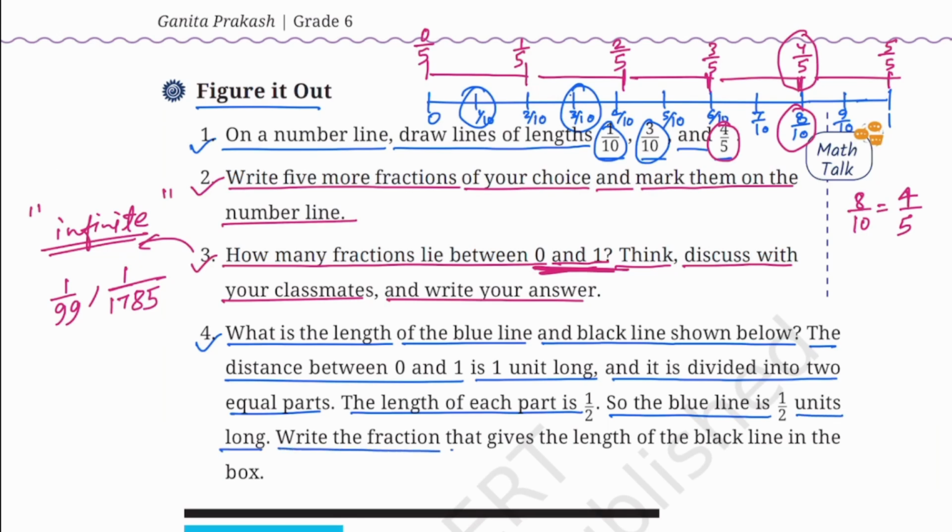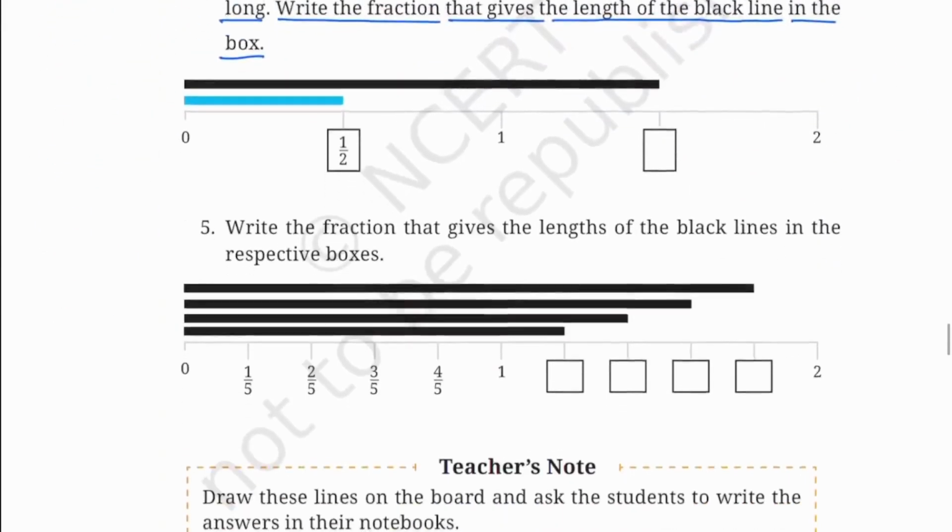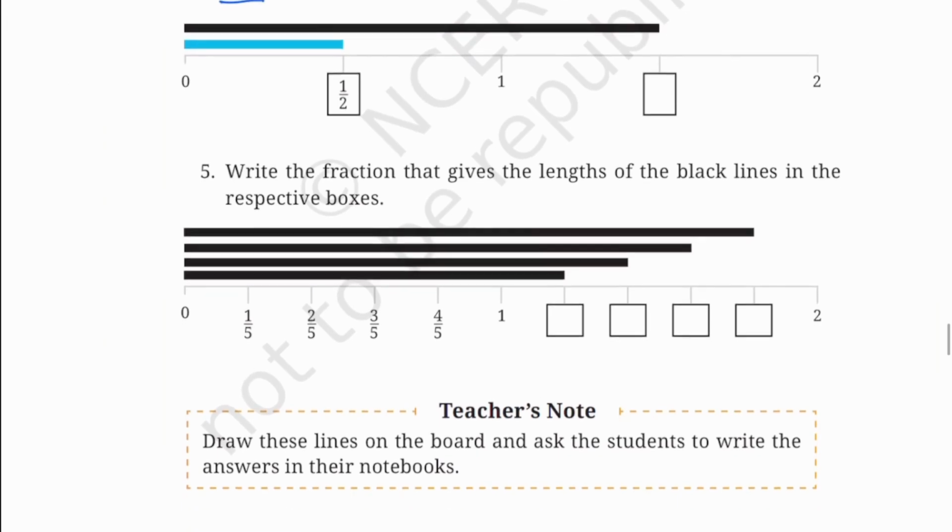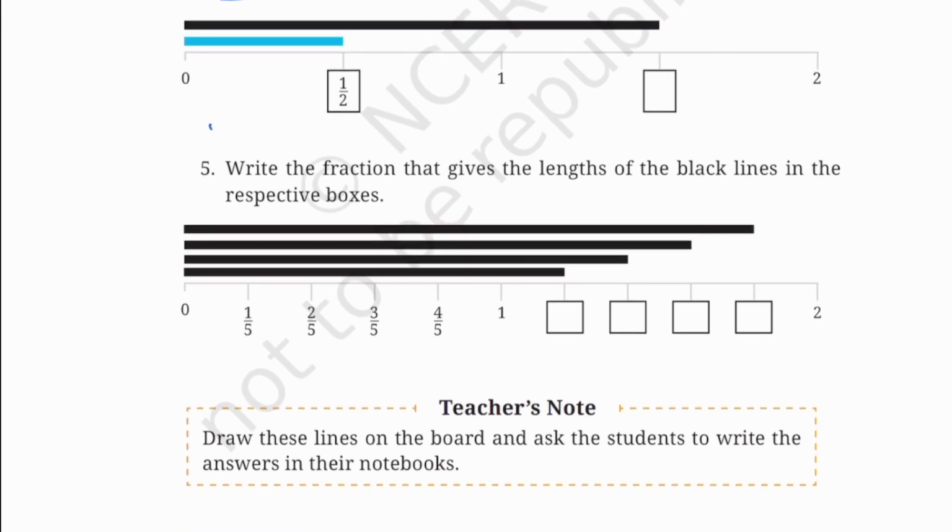Write the fraction that gives the length of the black line in the box. You can see here a unit length has been divided into 2 parts. This blue line has a length of half unit length. Similarly, the black one will have a length of 3 upon 2 unit length.